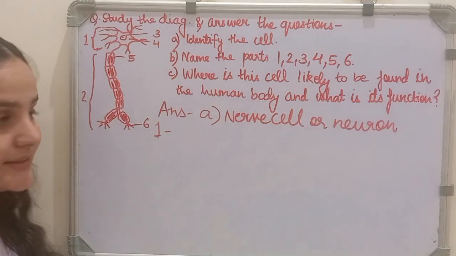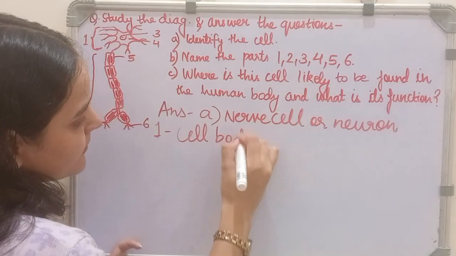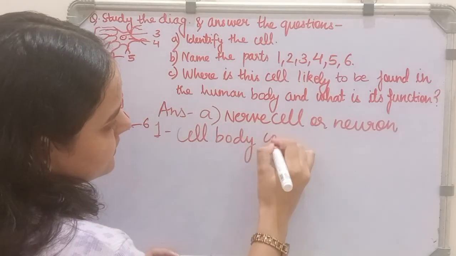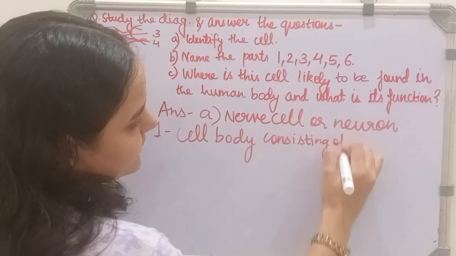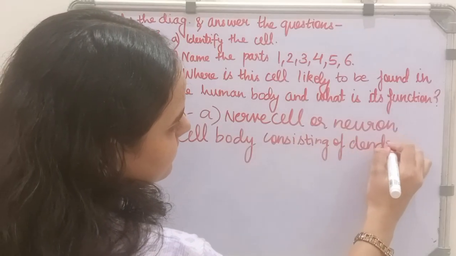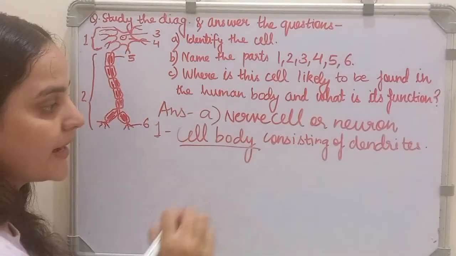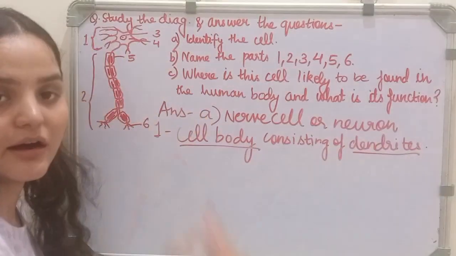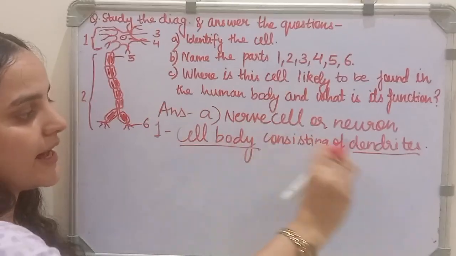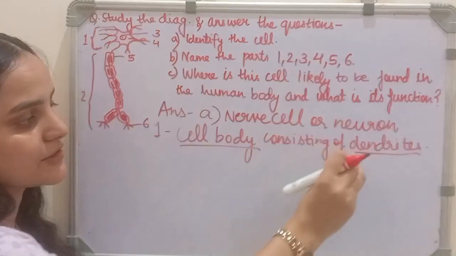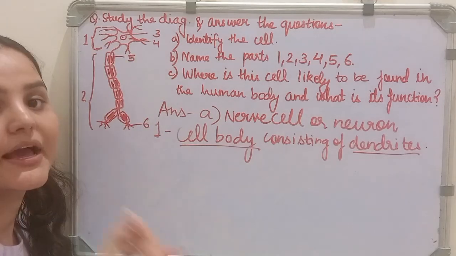So we can write like this: it is cell body consisting of dendrites. If the answer is cell body, you will get the mark, or if the answer is dendrites, you will get the mark. So you may frame your answer like this if you are confused whether it is cell body or dendrites.